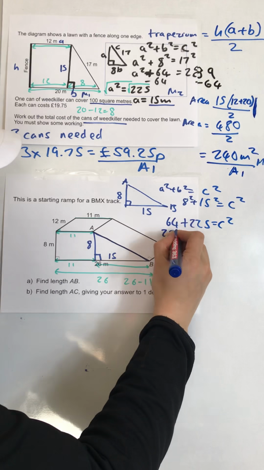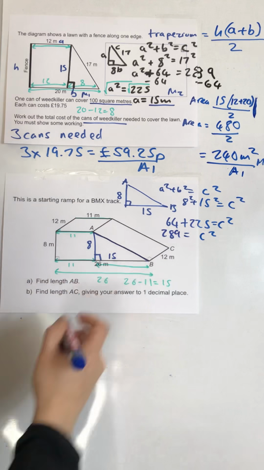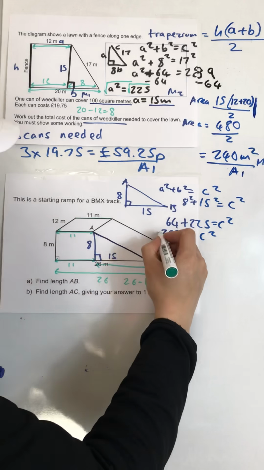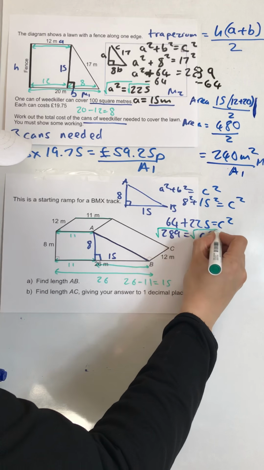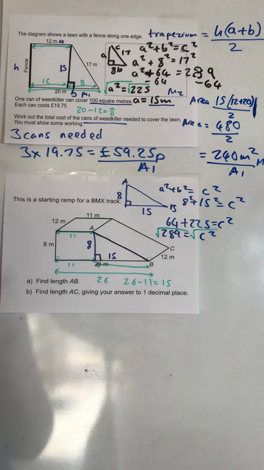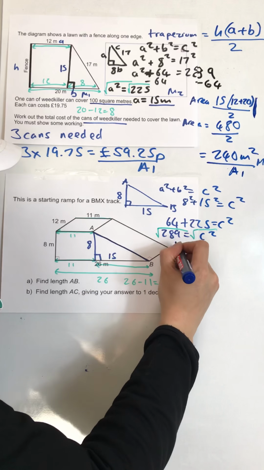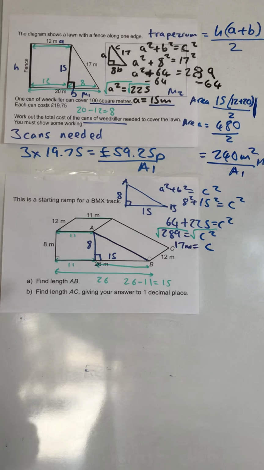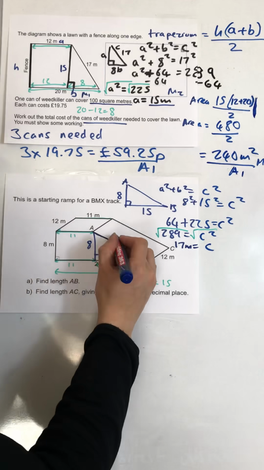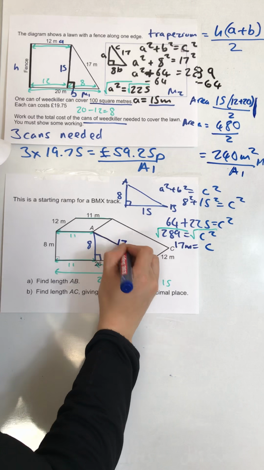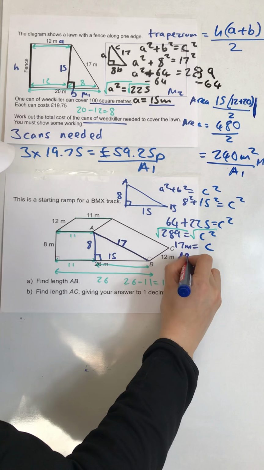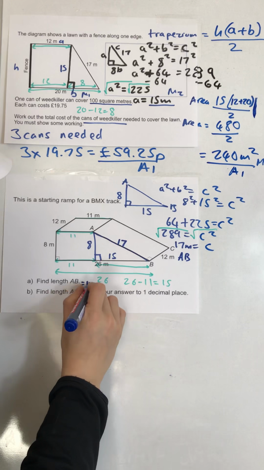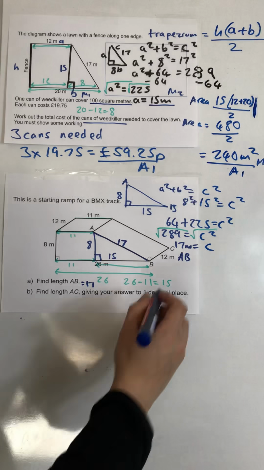So 289 equals C squared. Square root both sides. And so C will equal 17 metres. Perfect. So we can put that as 17, which is AB. What's it asking you? AB equals 17.